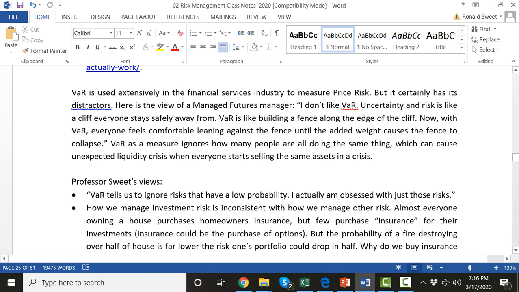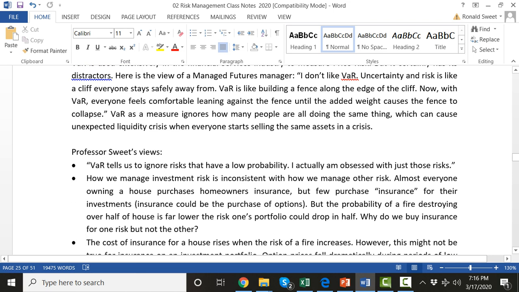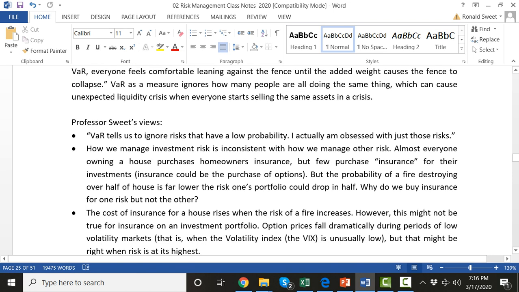Now, let me show you my view before we get into the use of options. Value at risk tells us to pick a risk tolerance, 1%, 0.1%, whatever. And once you pick that risk tolerance, you calculate your value at risk. Essentially what you're saying is, if I have a risk tolerance of 1%, my value at risk is $1 million.